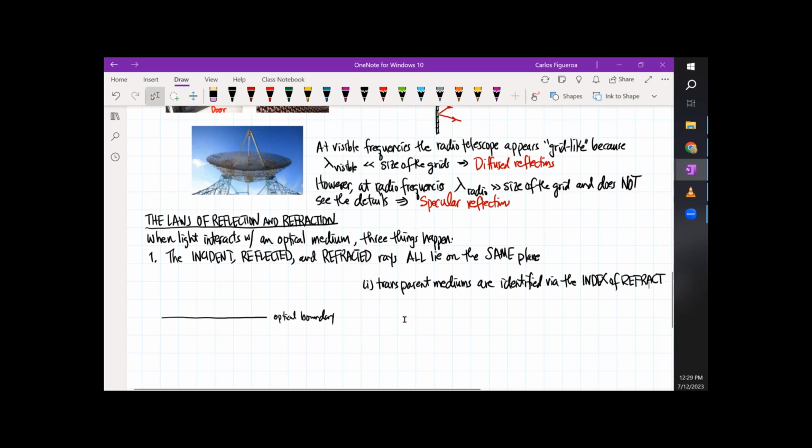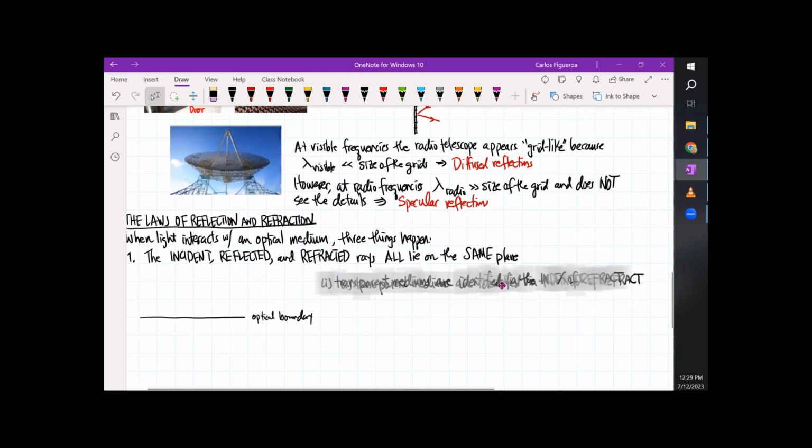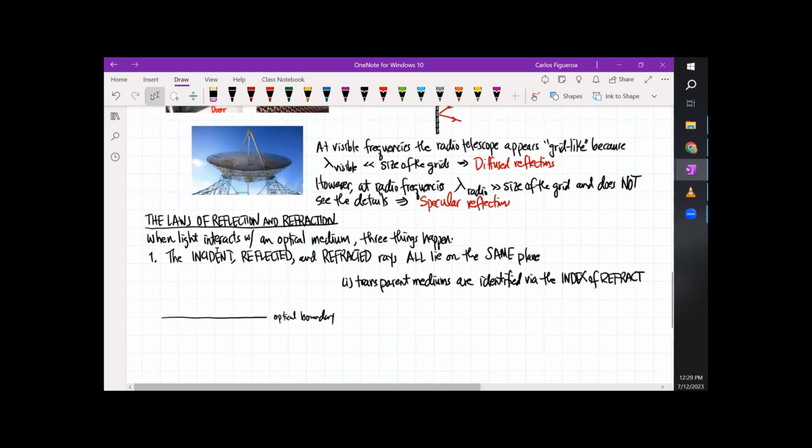I'm going to move this over again. About right there. Now, how am I going to identify these? Well, I'm going to say that this is one optical medium, and we use this thing called the index of refraction.